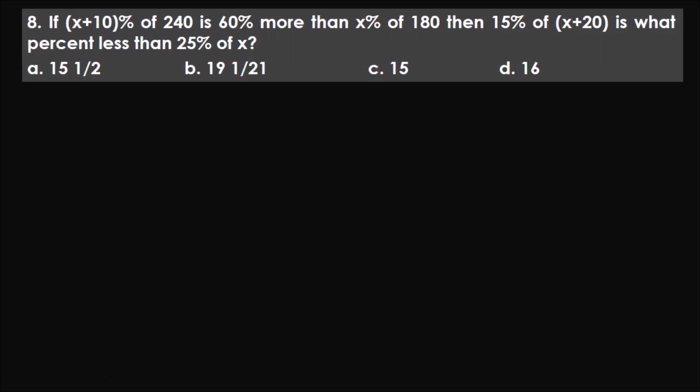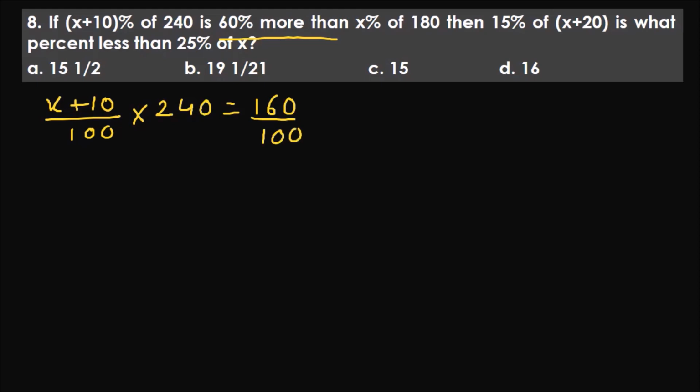Please concentrate. X plus 10% of 240 is 60% more than X percent of 180. Now how to convert that into a mathematical equation? X plus 10 divided by 100 of 240 is, so equal to sign. 60% more than means 160%.